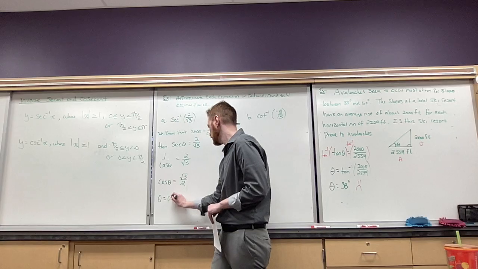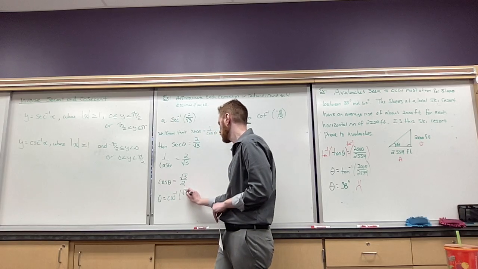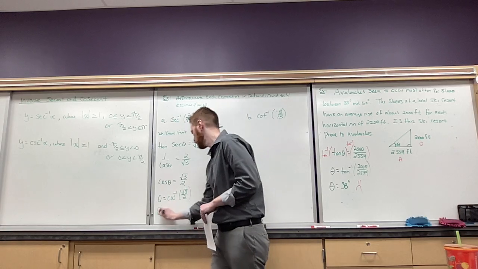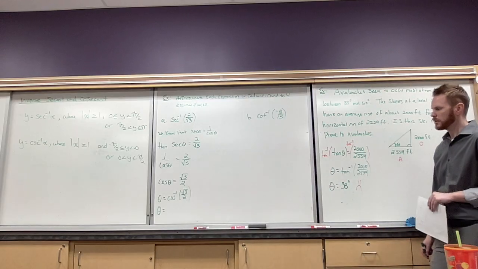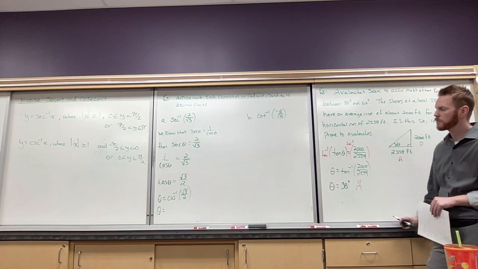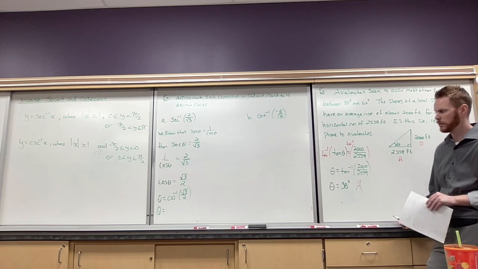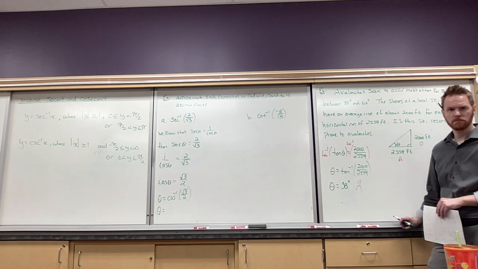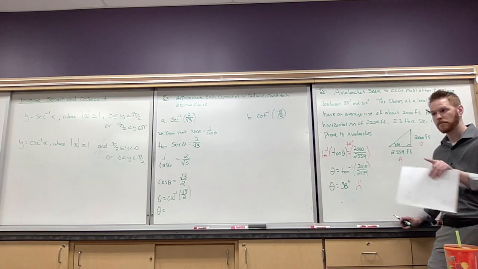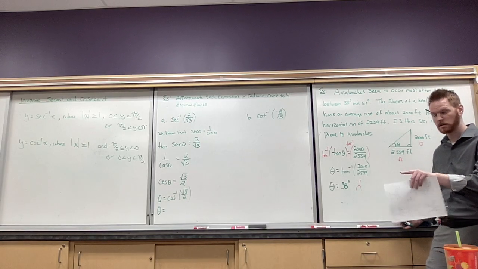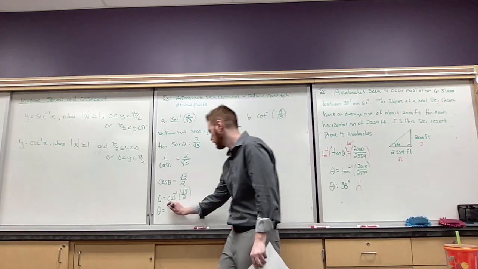So theta would be the inverse of cosine of square root of 3 over 2. Now, let's think about it. Square root of 3 over 2 for cosine. What angle gives me that? 30, pi over 6, right? Okay, so this is equal to pi over 6.